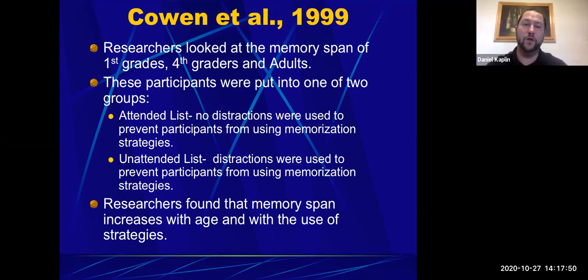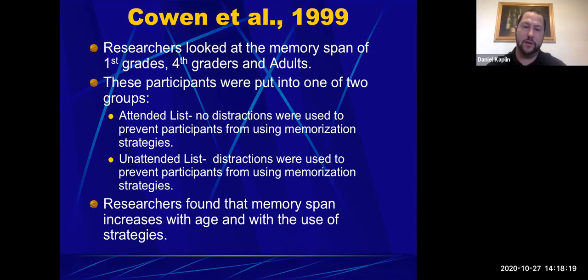Well, if you had an attended list, you had no distractions that were put in front of you to prevent you from using memorization strategies. Whereas with an unattended list, the researchers intentionally put distractors to make it harder for you to use some of your memory devices or strategies.